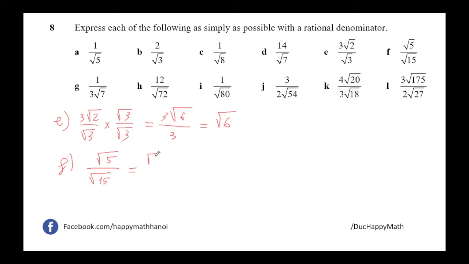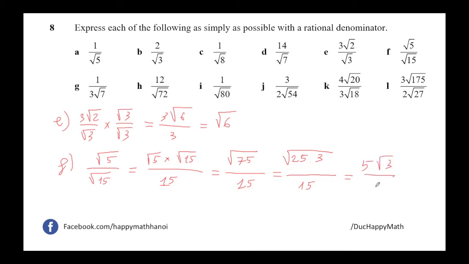Multiply by the square root of 15, and square root of 15 times square root of 15 means 15, and you can take the square root of 75 over 15. 25 times 3 is 75, which means a perfect square, so we get 5 times the square root of 3 over 15, the denominator.